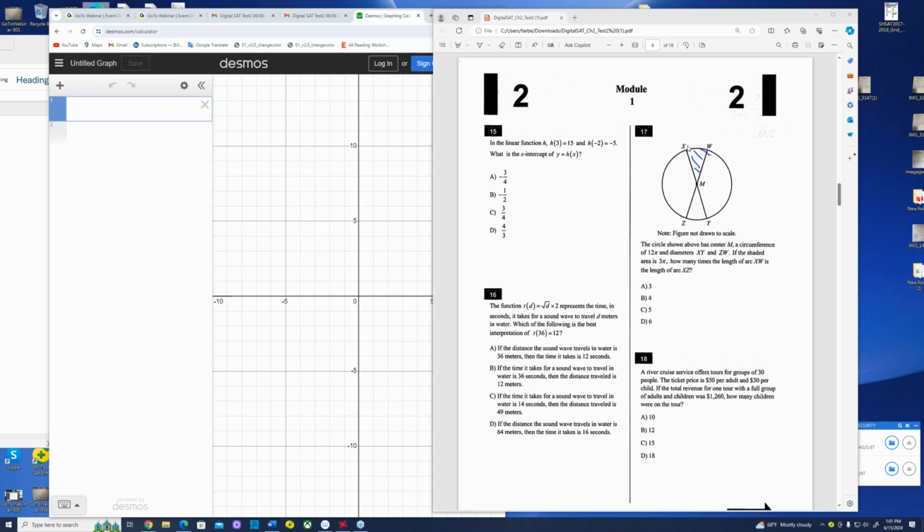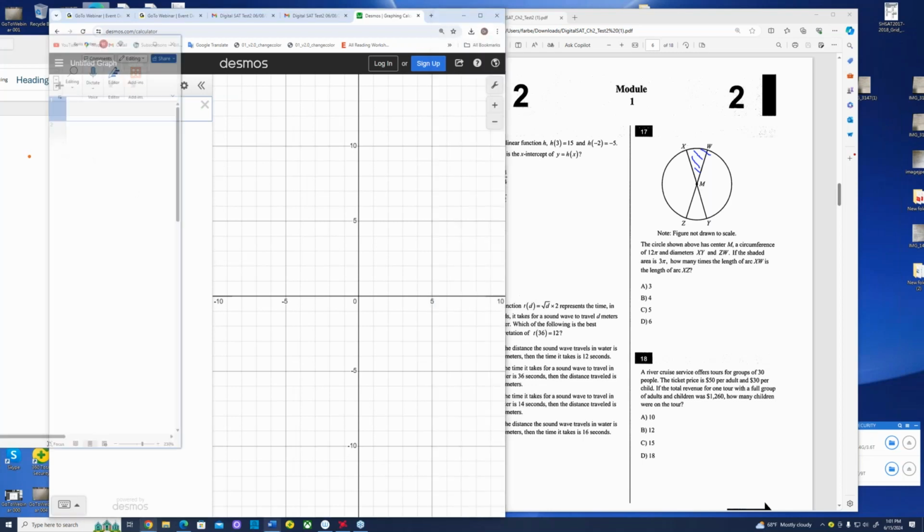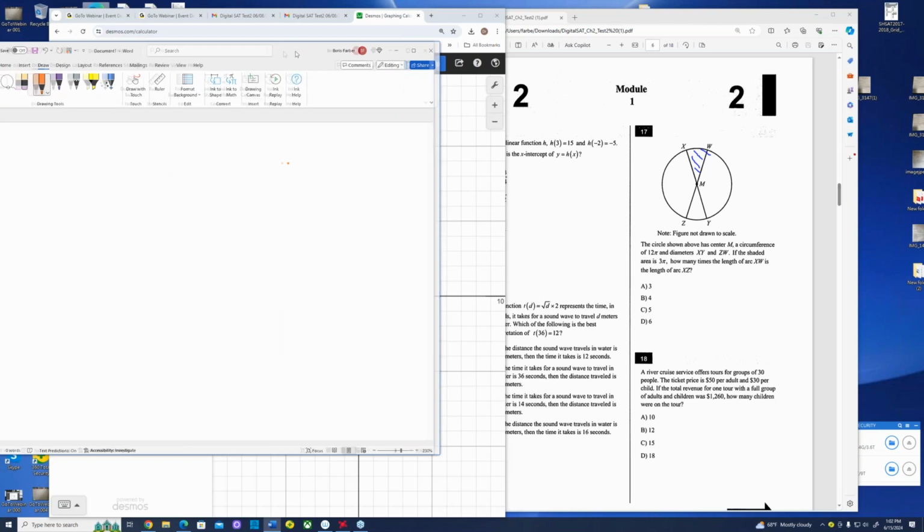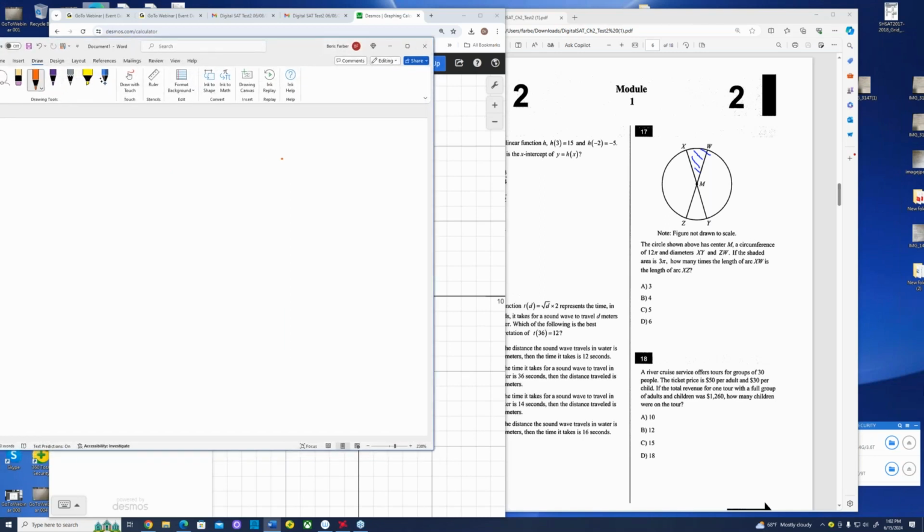So what we know is this circumference equals 12 pi. I use this Microsoft Word. Circumference, which is 2 pi r, and this equals to, what is it? 12 pi. This is given, 12 pi.